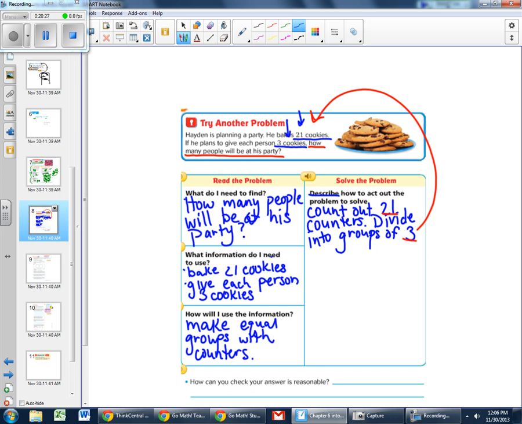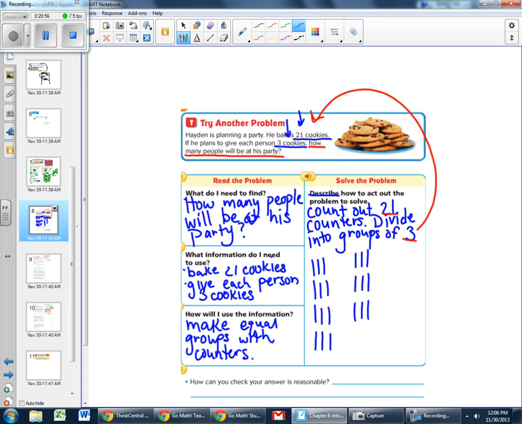Next, you can divide those with your actual physical counters. However, I am going to make groups of 3 until I get to 21. Okay, so I have 1, 2, 3, 4, 5, 6, 7, 8, 9, 10, 11, 12, 13, 14, 15, 16, 17, 18, 19, 20, 21.